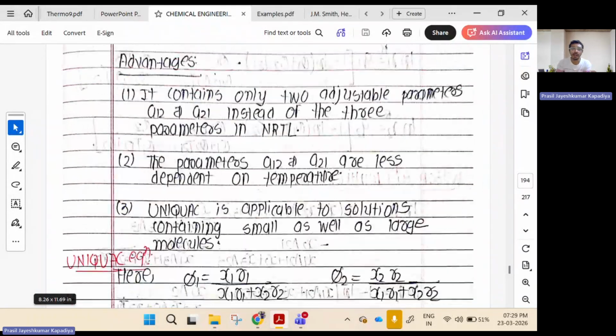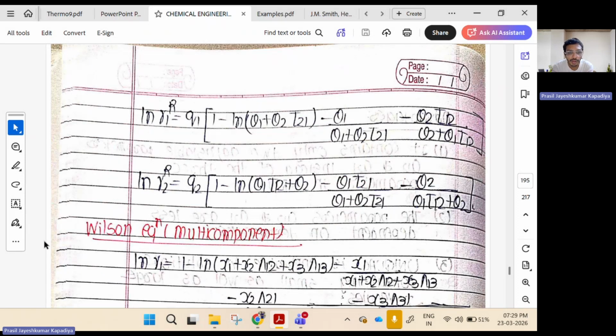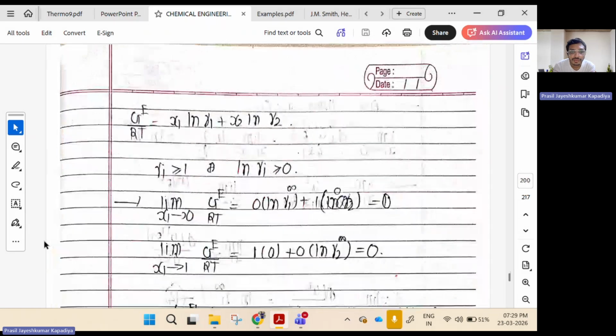So what are the advantages of using UNIQUAC? It contains only two adjustable parameters, A12 and A21, instead of three parameters in NRTL. Those are less dependent on temperature also. And UNIQUAC is applicable to solutions containing small as well as large molecules. So these are the benefits of the UNIQUAC model.